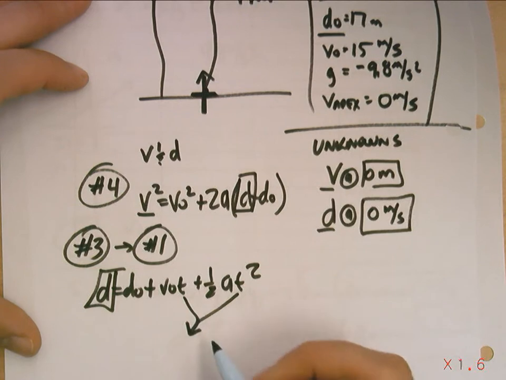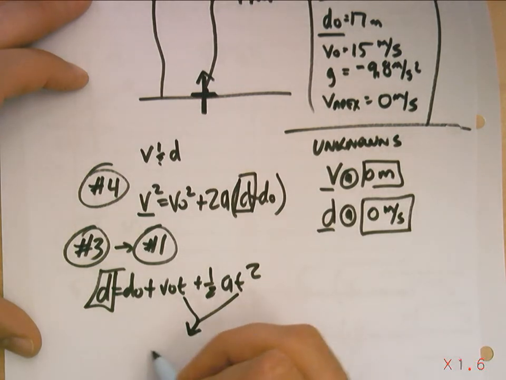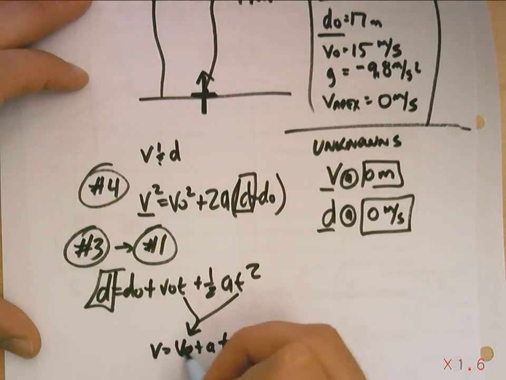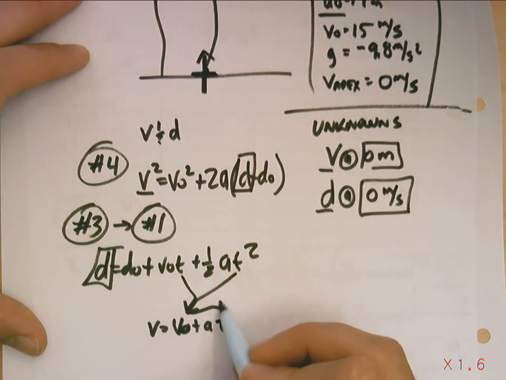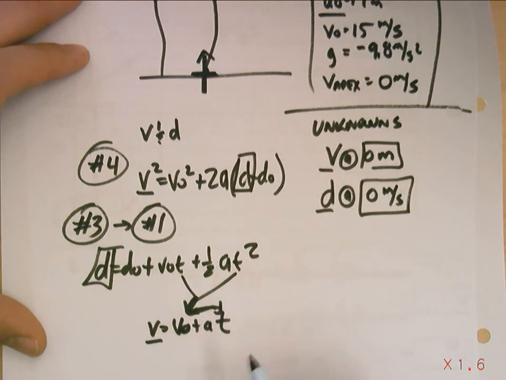Then I bring that t down into number 1, v equals v naught plus at. As I bring it down, I can then solve for v. So notice I had the same thing as before. I just had to use 2 equations to do it, using the intermediate of time to get there.